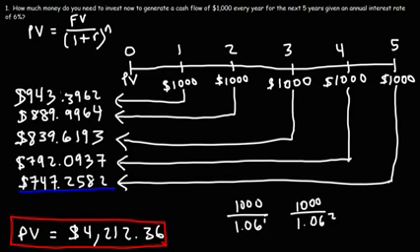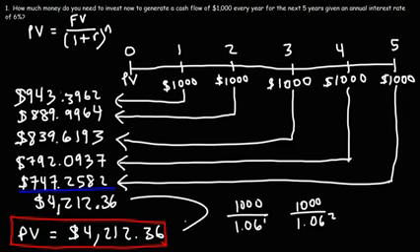Feel free to pause the video as you add them as well. And this will give you the same answer, $4,212.36. So that's another way in which you can calculate the present value of an annuity.